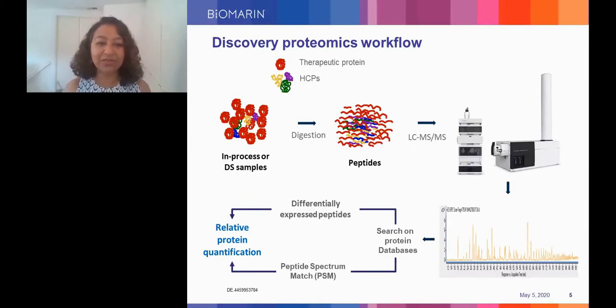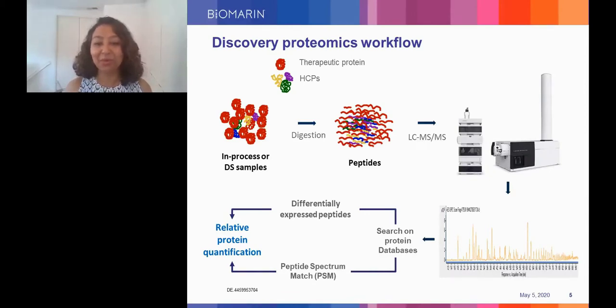So what we can do is take these in-process or drug substance samples and digest them and subject them to LC-MS and LC-MS/MS. There are a multitude of methods within mass spectrometry that can be used. One can use proteomic style methods where you can do a label-free quantitation. You could do labeling and do quantitation.